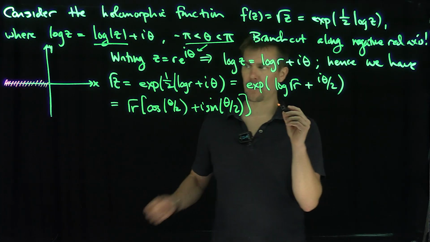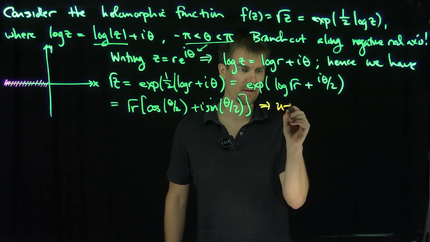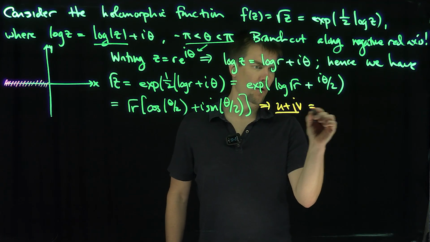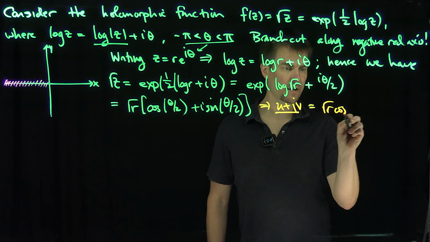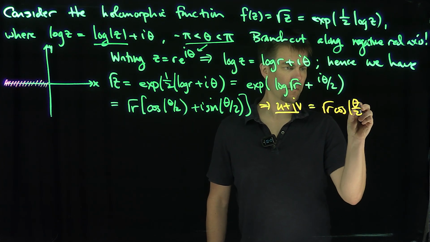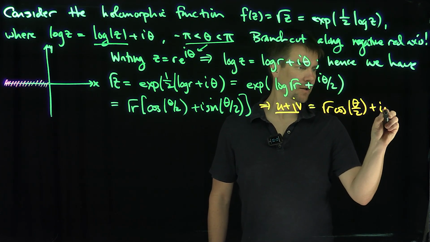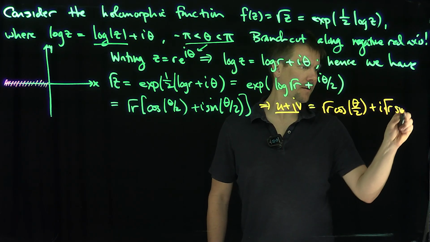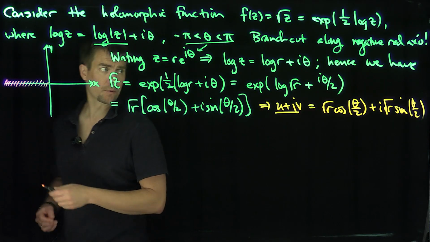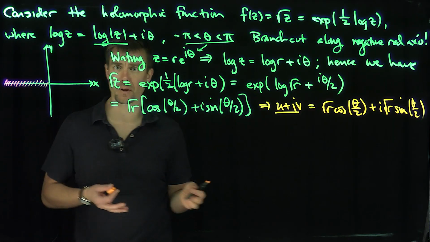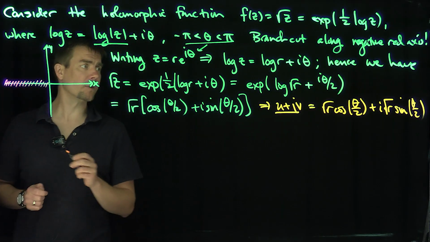So this implies that u plus iv is square root of r cosine of theta over 2 plus i square root of r sine of theta over 2. That's the polar form of the square root, and that's what we use for de Moivre's formula, how we compute roots of these numbers over here.